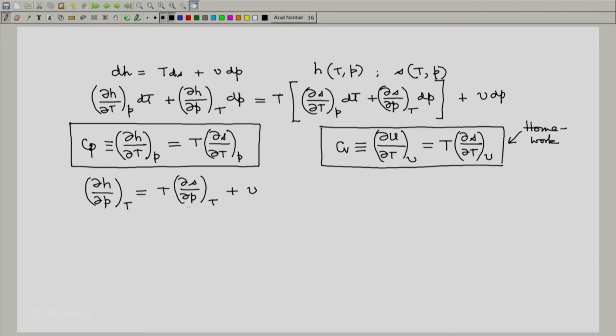Now notice that we have a partial derivative here, and let us see whether we can replace it using the Maxwell's relation. So we have partial of S with respect to P at constant T expressed in the Jacobian form as Jacobian of S,T with respect to P,T.